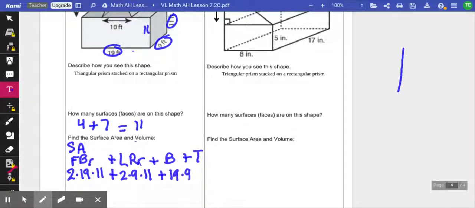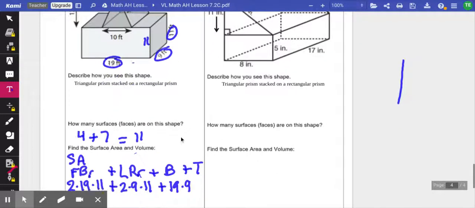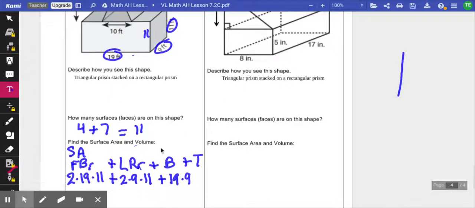And then for the top, if all the way across is 19 and we take off 10, then what we have left is 9. And they are by 9, so 9 times 9, or you can say 2 times 9 times 4.5, whichever way you like. So I'm going to say that there are 9 by 9s.